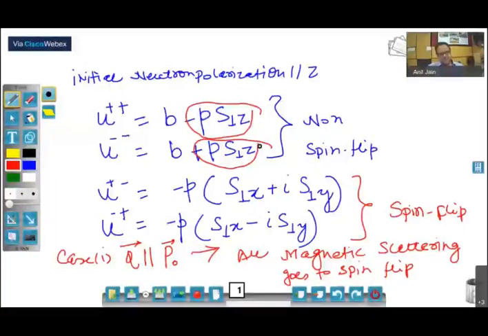So what you are left with is only nuclear scattering. It means if your scattering vector Q is parallel to P, then all magnetic scattering goes to the spin flip channel. Please always keep this in the back of your mind when you are doing experiments with polarized neutrons. Now let us consider case number 2.